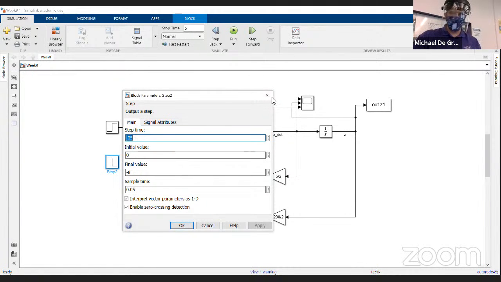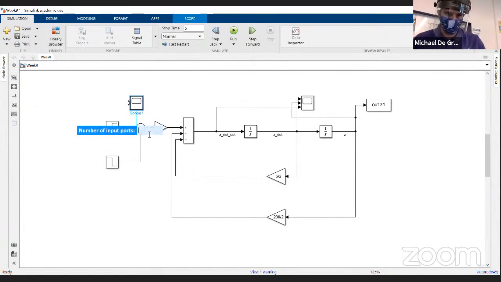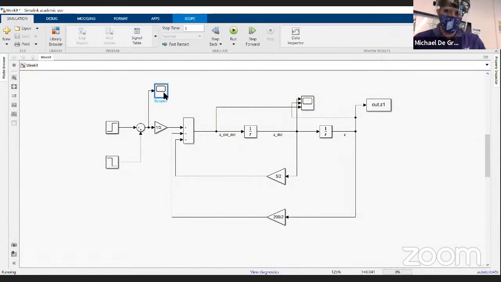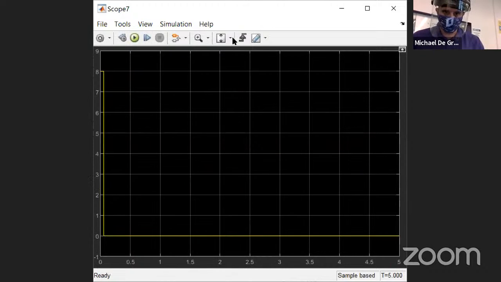So the superposition of this signal, if I wanted to, I could put a scope right here, take this wire and put it right there, and run this. And what we should see is the profile of the step function that we want. Hey, look, and there it is.